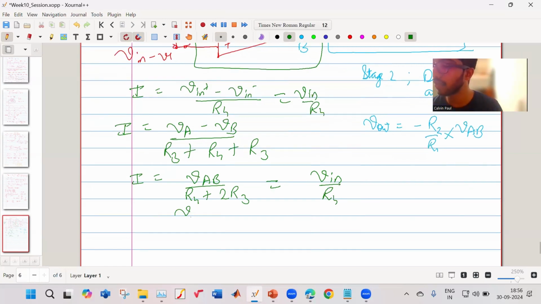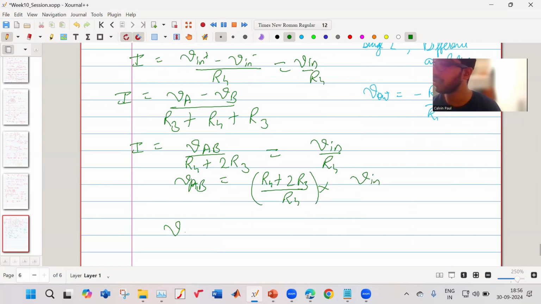So my VAB is equal to R4 plus 2R3 upon R4 into V in. Okay, this is the first stage.